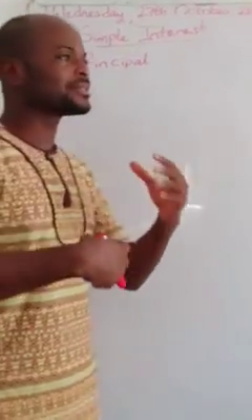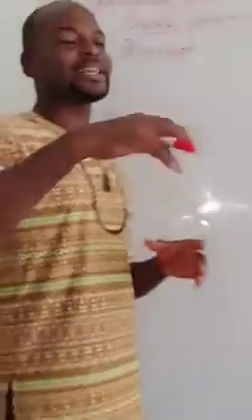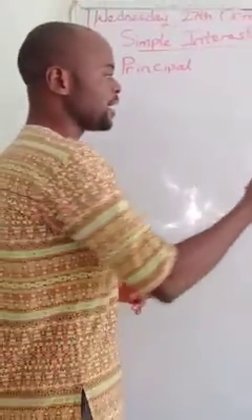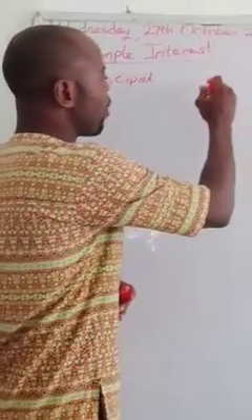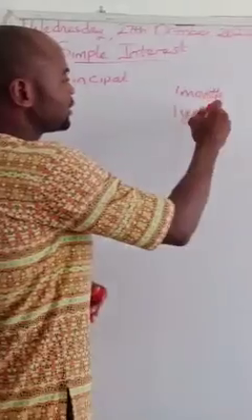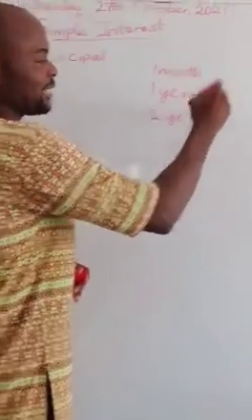As long as you still have your money in the bank, once it stays there for a longer period, some banks will say if you have your money here for 1 month, some may say 1 year, some may say 2 years, and like that.